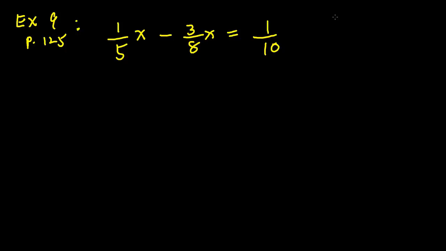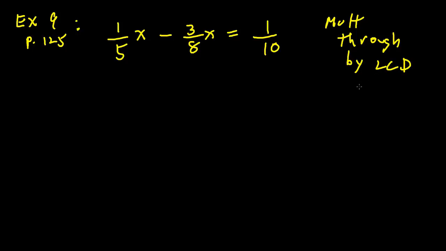All right, so again, our mode of attack here is when we've got equations involving fractions, you multiply through all terms, both sides, by the least common denominator, because then all these fractions will disappear, right?